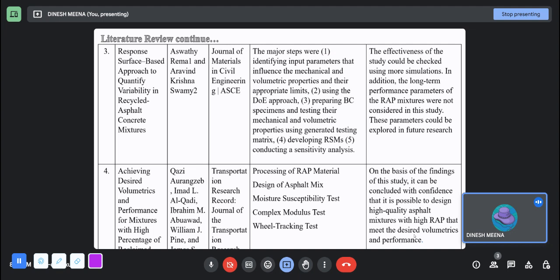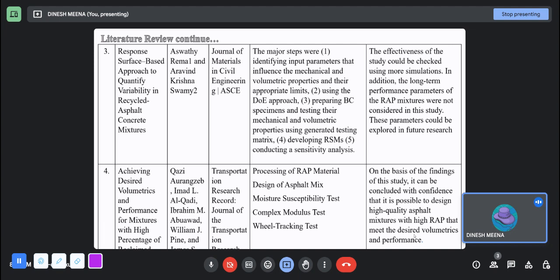Response surface based approach to quantify variability in recycled asphalt concrete mixture. The major steps were identifying input parameters that influence the mechanical and volumetric properties and their appropriate limits, using the DOE approach, preparing BC specimens and testing their mechanical and volumetric properties using generated testing matrix, developing RSMs, and conducting a sensitivity analysis.